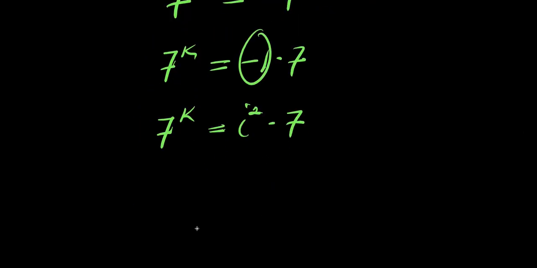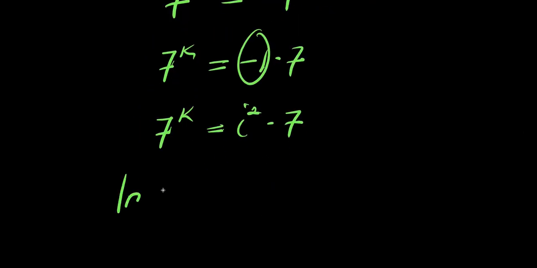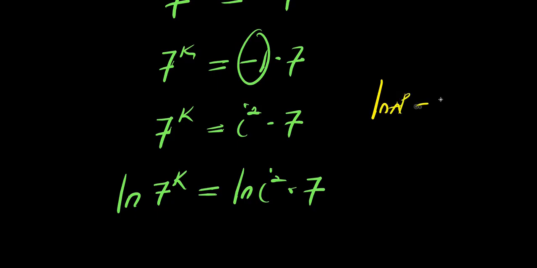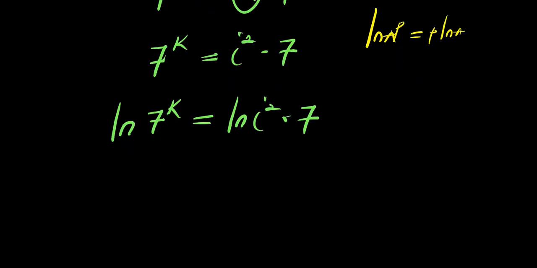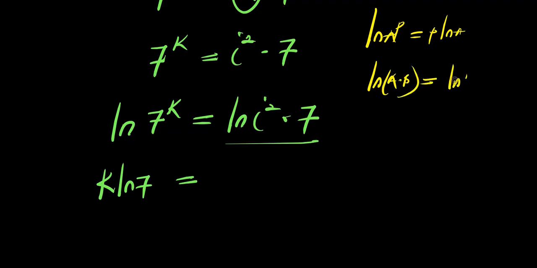We can then apply natural log. We have natural log of 7 power k equals natural log of i power 2 times 7. Now remember the same identity again: natural log a power b equals b times natural log a. So that means we are simply going to have k times natural log 7 equals, for this, we consider this identity: natural log of a times b equals natural log a plus natural log b.